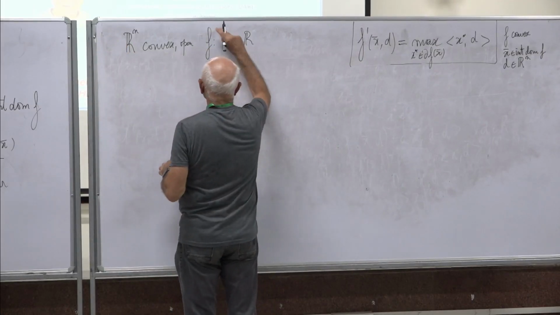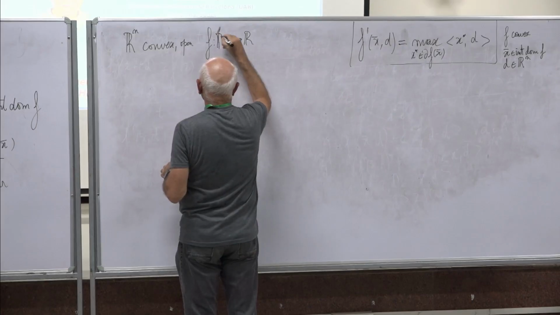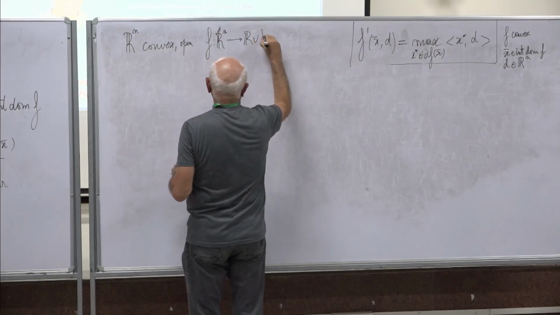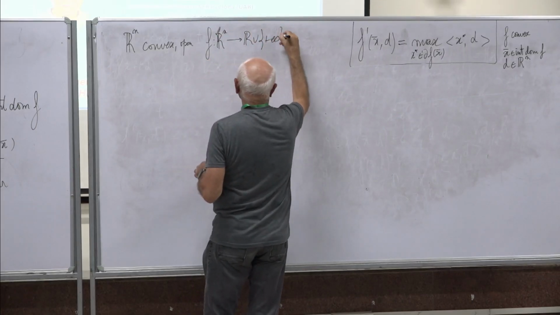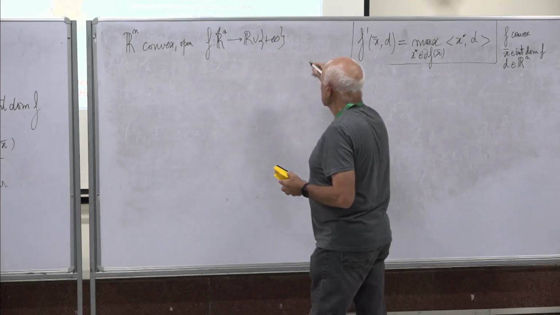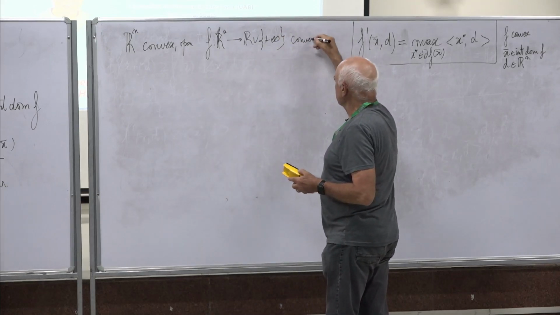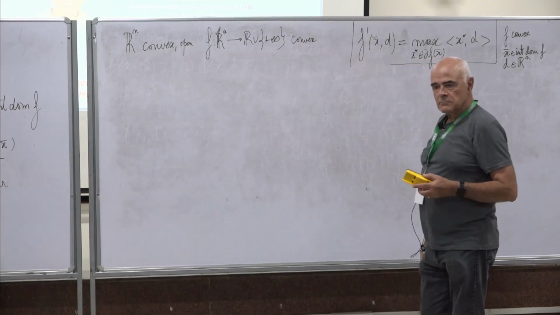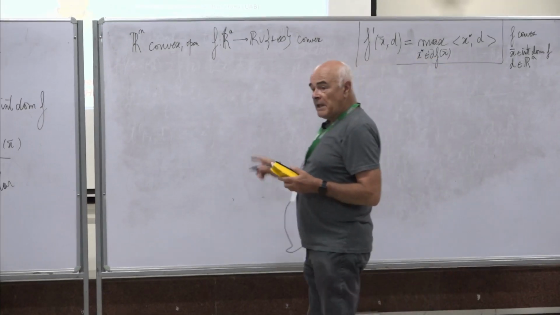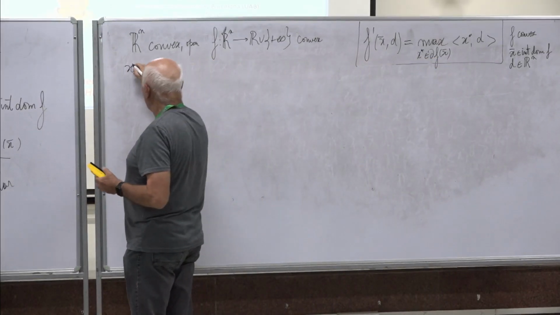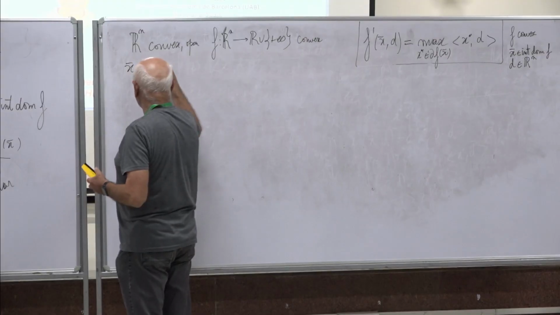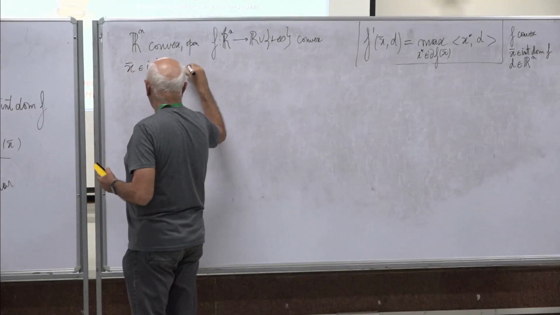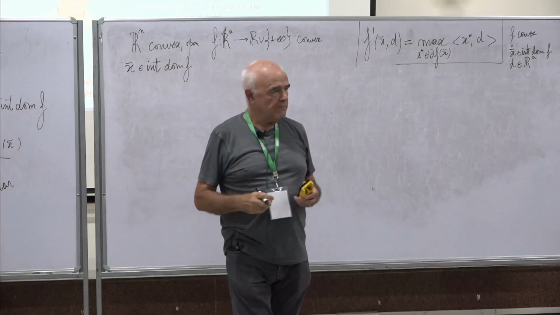No problem, because then I'm going to play only on the interior of the domain. Suppose this function is convex. And take a point x bar in the interior of the domain of this function.